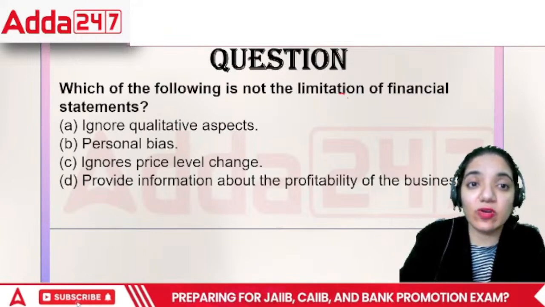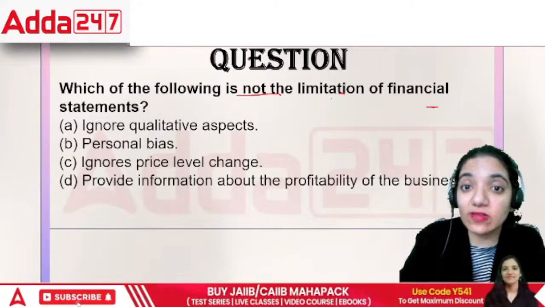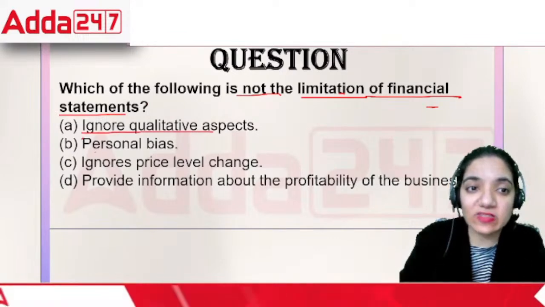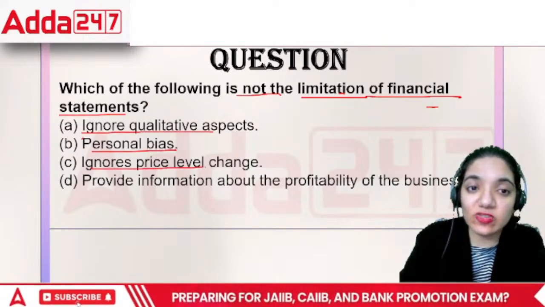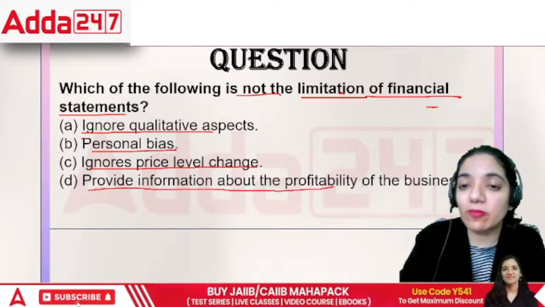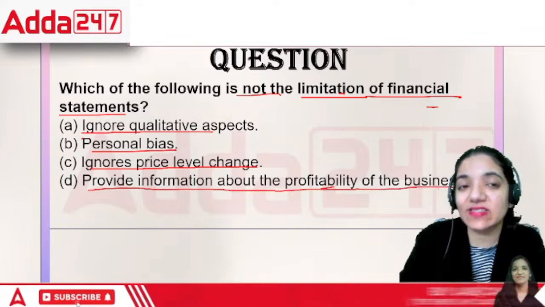Next question. Which of the following is not the limitation of financial statements? It ignores qualitative aspects, personal bias, it ignores price level change, or it provides information about the profitability of the business.